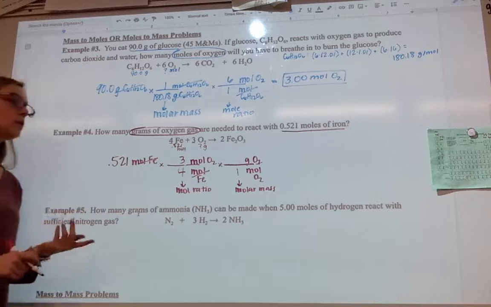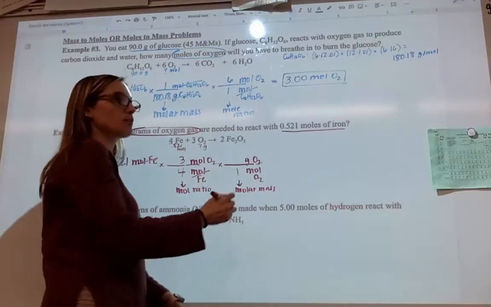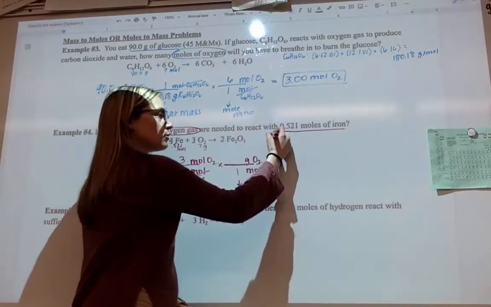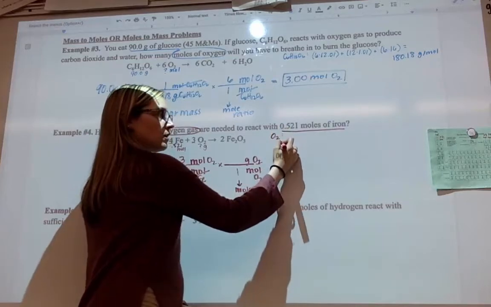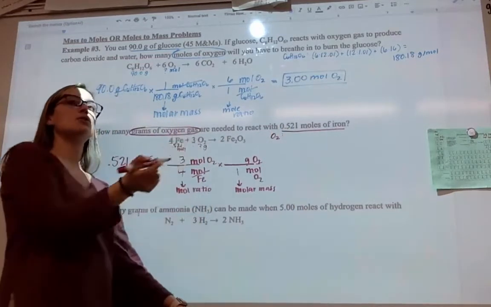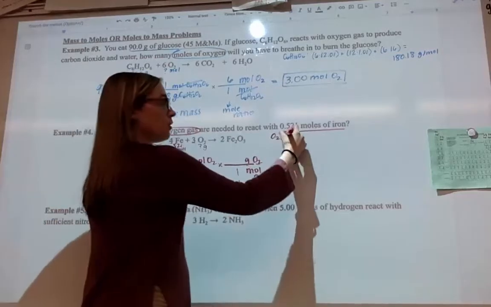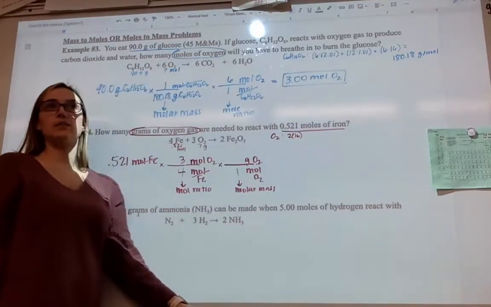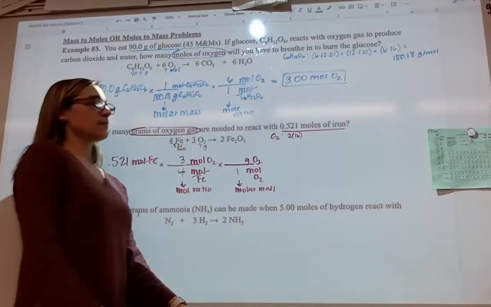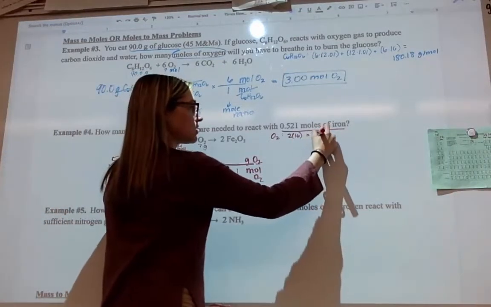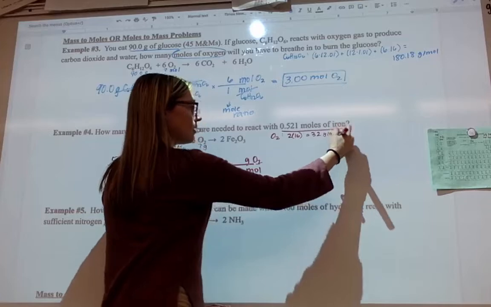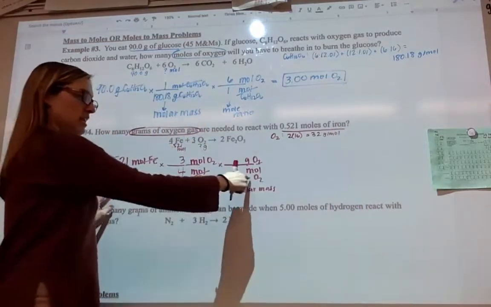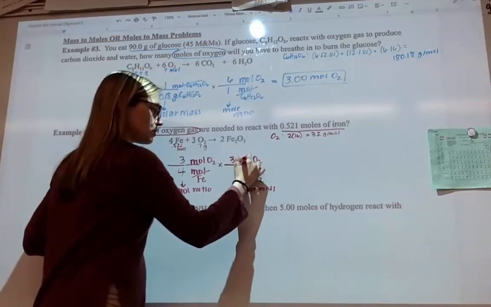So for 1 mole of oxygen gas, there's a certain number of grams. Now notice how this is O2. Oxygen gas is O2, not just O, which means it's 2 times the mass of 1 oxygen from the periodic table. 2 times 16 is 32 grams per mole. Because we're dealing with O2, it's 32 grams.